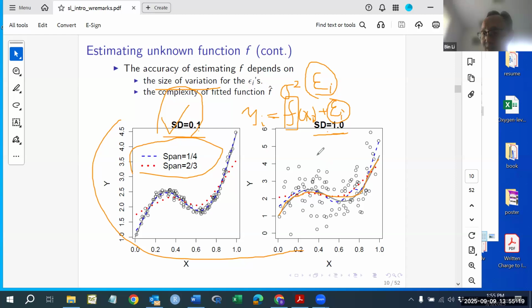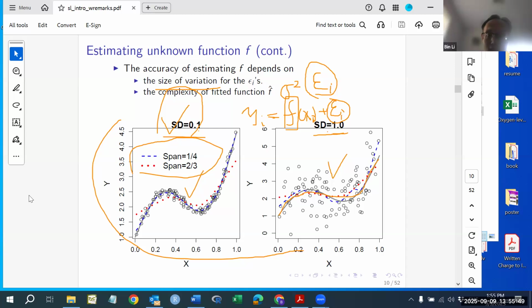Because in this example it's more noisy compared to this one, because the standard deviation for the epsilon i, that's the irreducible error, is much higher in here. So the data has higher quality for this one, but lower quality in here. So that's why the fitted function doesn't predict very well compared to this.